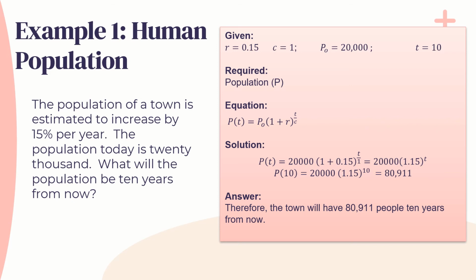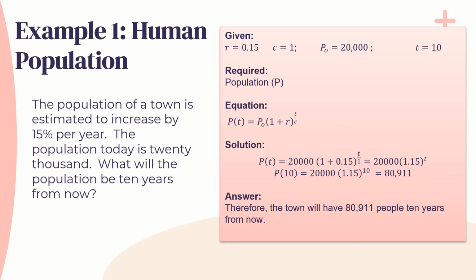So the given is 0.15, that is for the rate. And then C is for the cycle, why 1? Because the cycle is per year, so that tells us that 1 should be used. And then P initial is 20,000 rather, and t is 10, that is 10 years from now, and we are asked to find the population.